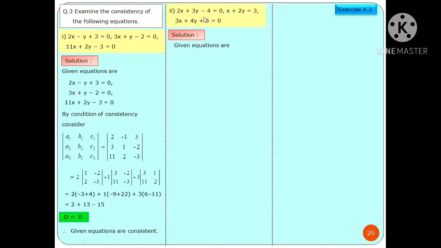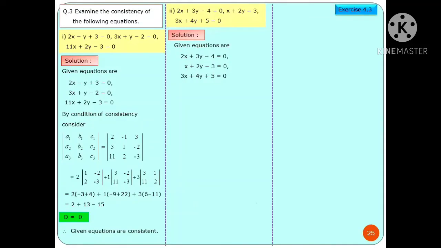Here in the given equations, minus 4 is on the left hand side, 5 is also on the left hand side, only this 3 is on the right hand side. So simply shift this 3 to the left hand side. The equations can be changed as: first as it is, second x plus 2y, with 3 shifted to the left hand side becomes minus 3 equal to 0. Third, 3x plus 4y plus 5 equal to 0. We check whether these three equations are consistent or not.